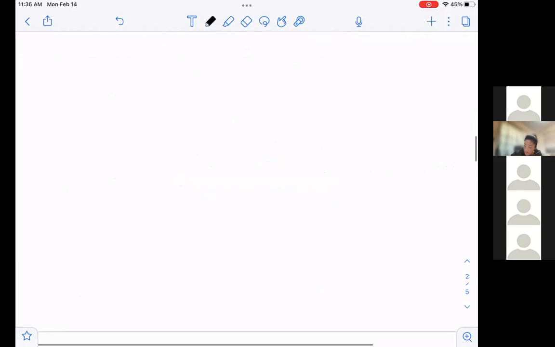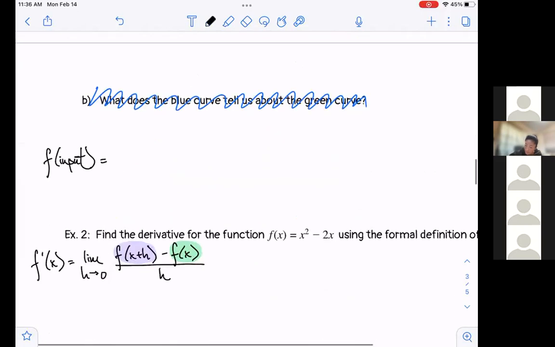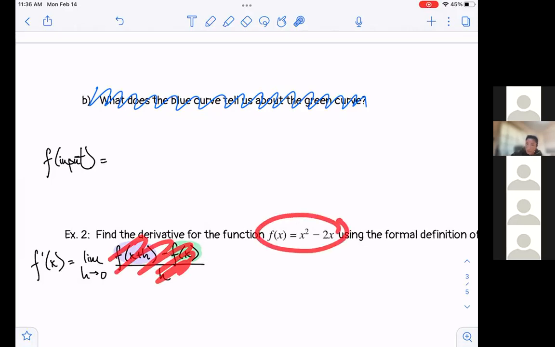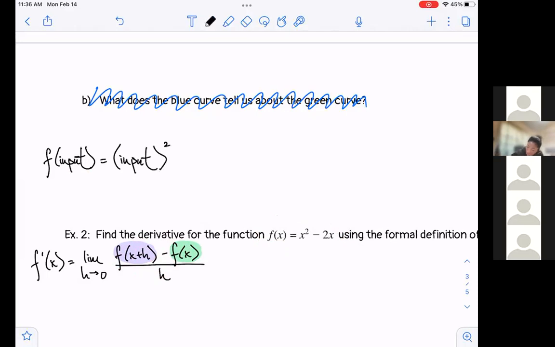So if we think about that down here, ignore this part for a second, but just think about this function. If we were to replace all of the x's with this word input, we would get something like input squared minus 2 times the input. Does that make more sense? What I was asking for? Yeah, that makes a lot more sense.